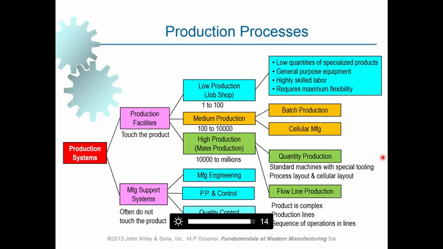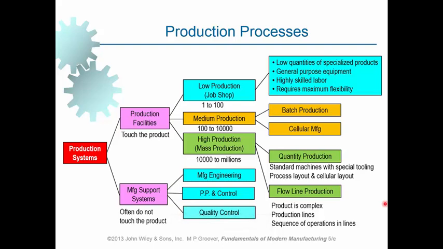In order to achieve this, we have to make use of special machines, special tooling, jigs, fixtures, and also two different types of layouts, process layout and cellular layout, in order to make this happen. And sometimes we make use of flow line production in order to produce a large number of parts.